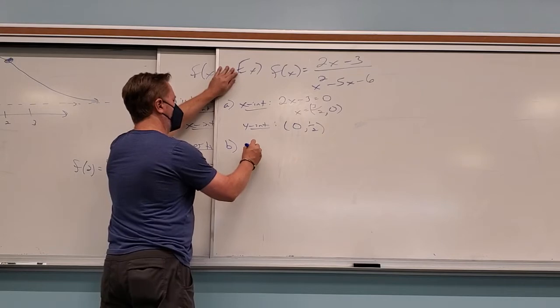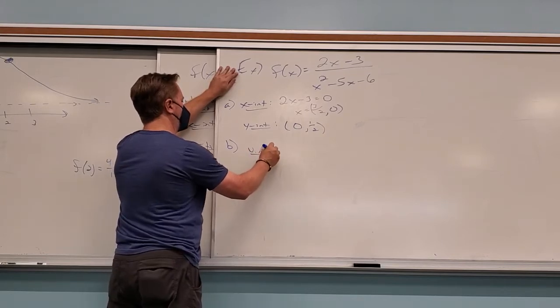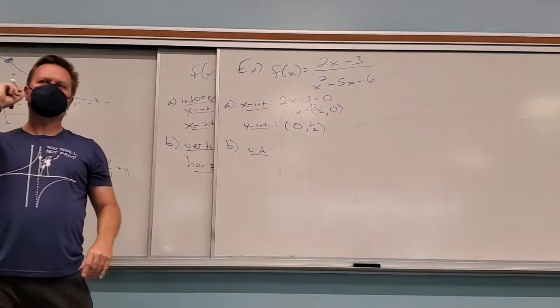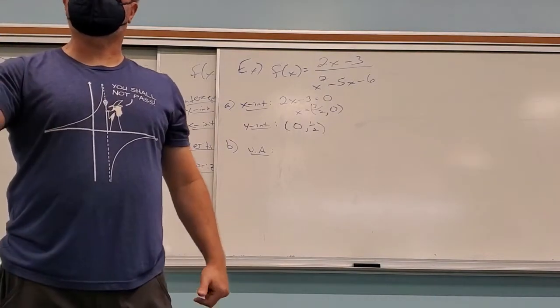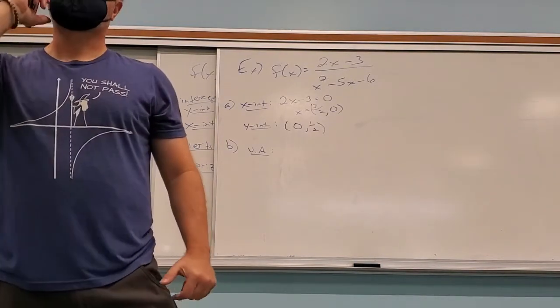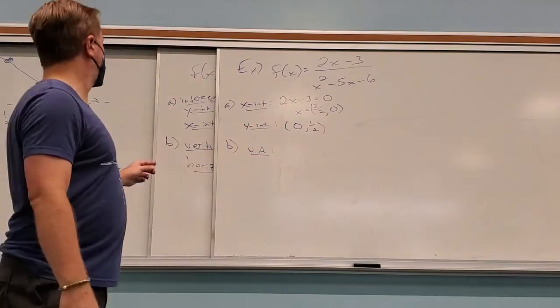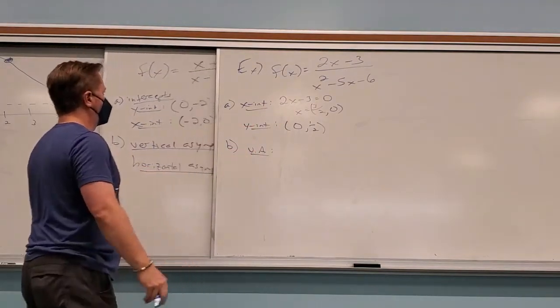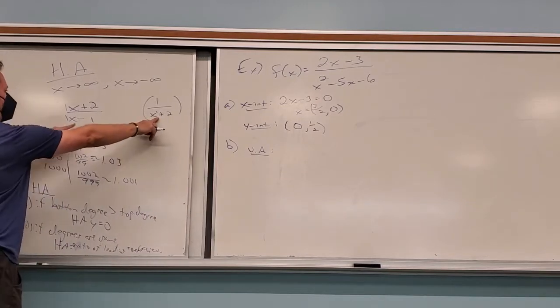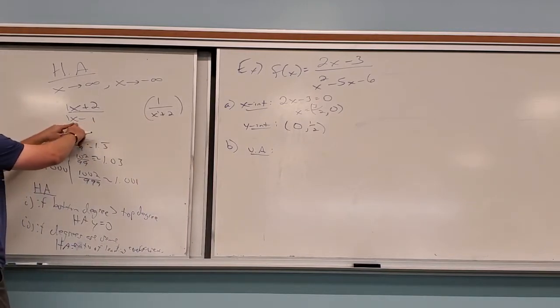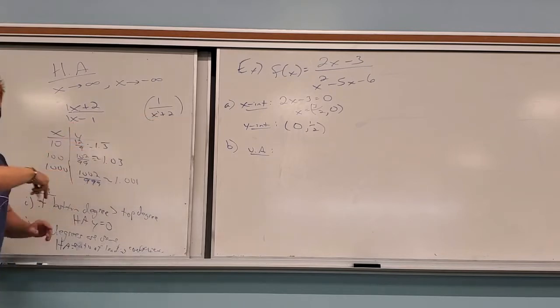Let's see, vertical asymptotes. So vertical asymptotes always come from, what am I not allowed to use? They come from the domain. What's kind of annoying about this one compared to the ones we did earlier? So that was nice and easy, that was nice and easy. I can just tell x equals 1 makes him die, x equals -2 makes him die.